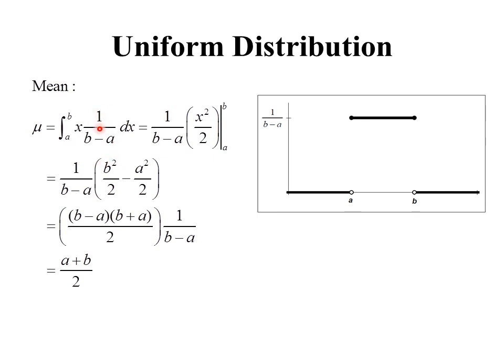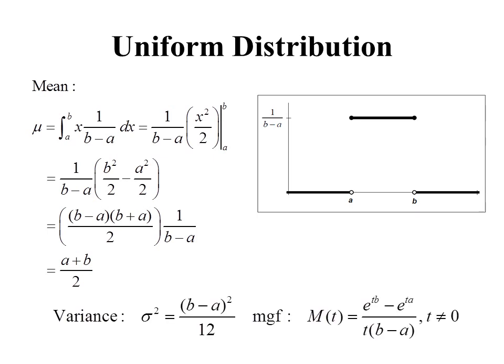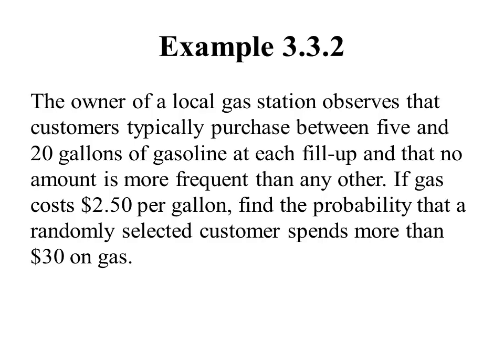Now 1 over b minus a, that's a constant, so we integrate x, plug in our limits, do a little bit of algebra, simplify, and so here we get this nice, neat, simple formula for the mean of a uniform distribution. Now we can find similar formulas for the variance, (b minus a) squared over 12, and then here's a formula for the moment generating function. The derivations of these formulas are left as exercises.